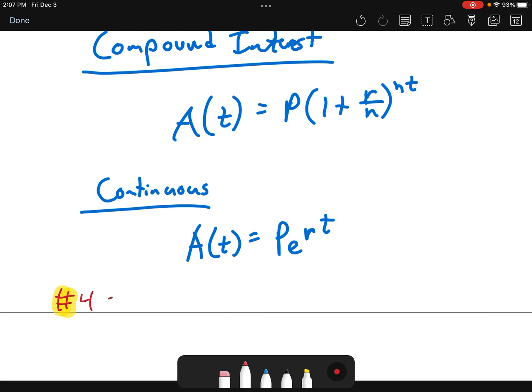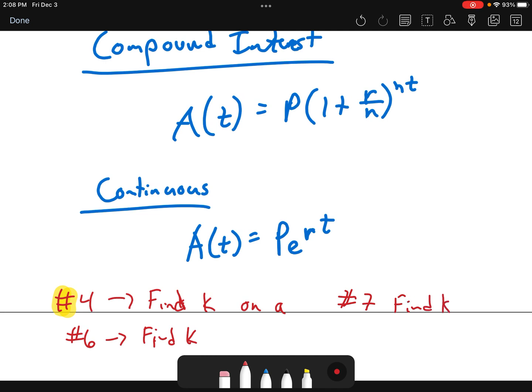Number 4, you got to find K on A. So that's what you're going to do for A. Just find K, period, and then use it. Number 5, K is given, so no big deal. Number 6, you must find K. So number 6, find K. That's the number one thing. Number 7, find K. That's your growth constant or your decay constant.